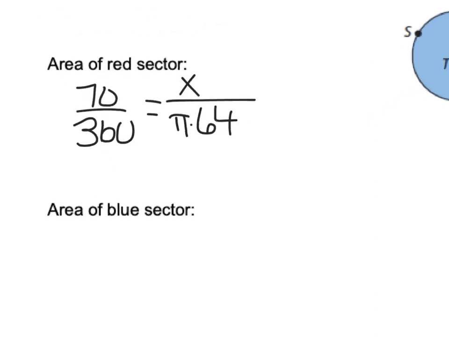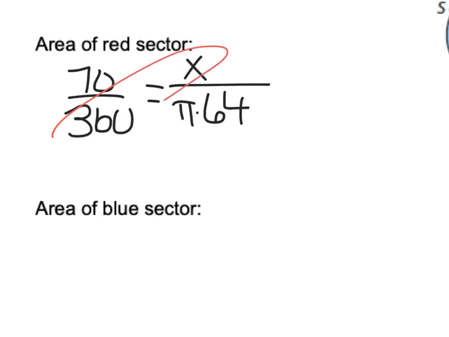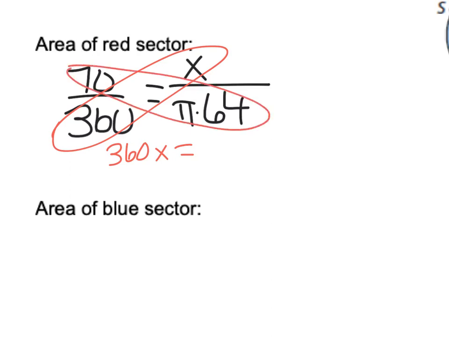So we're going to multiply like so. We get 360x equals, and then if we multiply the other way, 70 times 64 pi, 70 times 64 is 4,480 pi, because pi hasn't gone anywhere.